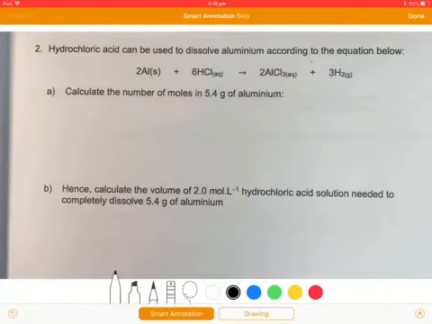But obviously here we're not starting with 2 moles of aluminium, we're starting with 5.4 grams of aluminium. So we need to calculate the number of moles in that 5.4 grams.